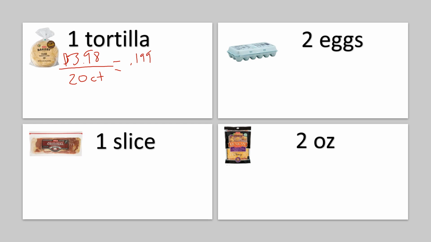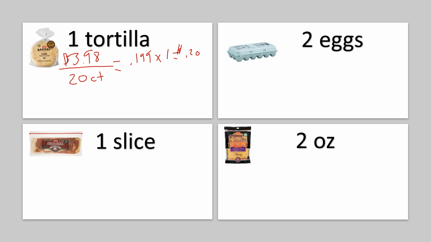Now, what I would recommend is that you go ahead and just keep that decimal. Don't clear it out. And we are going to round this up because we only need 1 tortilla. We are going to go ahead and round that up to 20 cents. Okay, so 20 cents per tortilla.